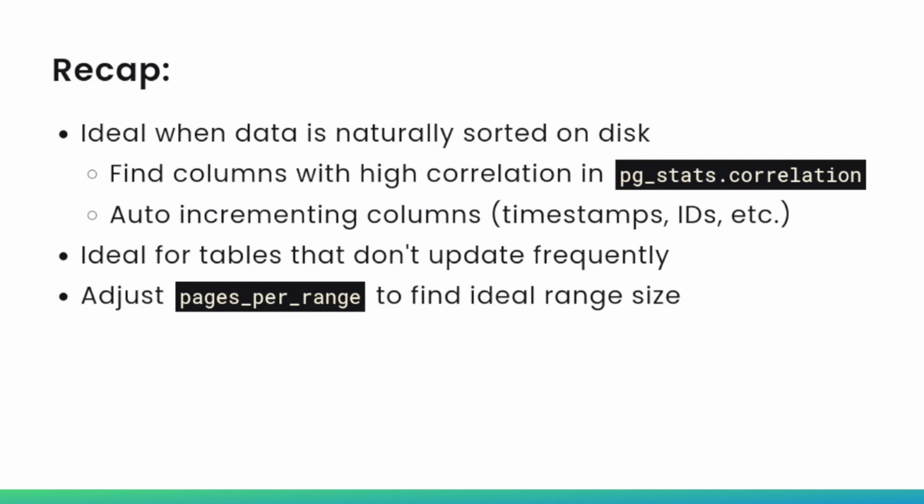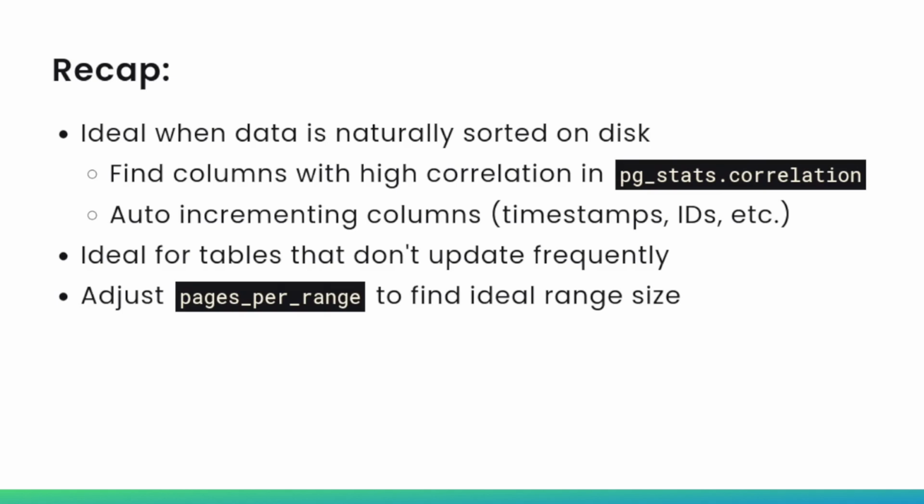So a quick recap about BRIN indexes. BRIN indexes are ideal when the data is naturally sorted on disk. There are different types of data that are naturally incrementing. For example, if you have an append-only table and a column that keeps track of when the row was created, then the value would gradually increment.